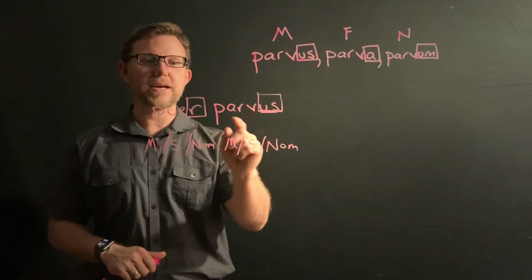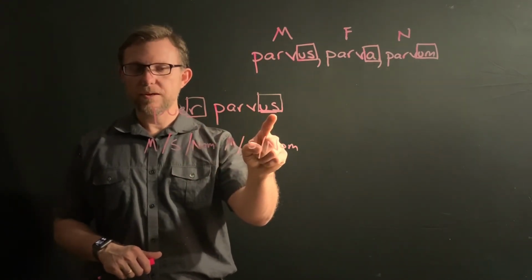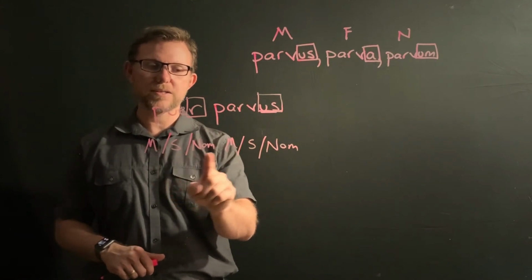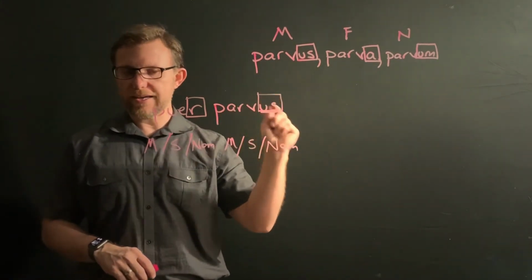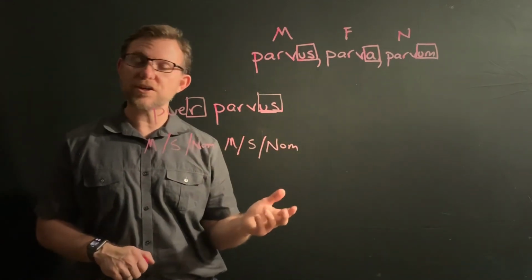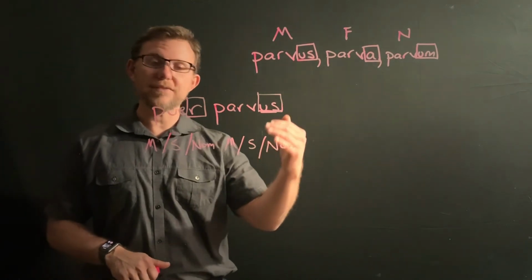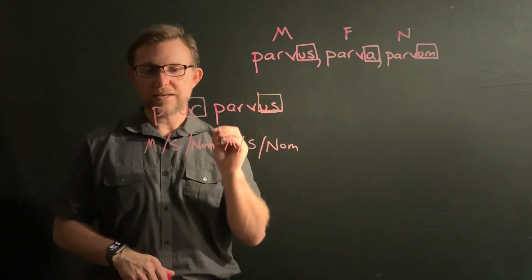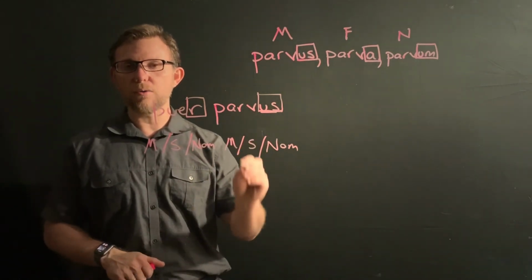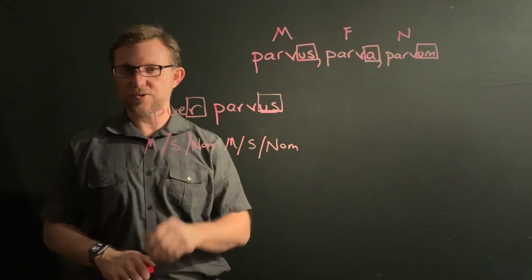But I chose this word because I want you to see that sometimes they will have a different ending, but they will always parse in the same way. They have to match in gender, number, and case. And so if your noun is functioning as the direct object and it has an accusative ending on it, then your adjective will also have to have an accusative ending. Gender, number, and case always match between an adjective and the noun that it's describing.